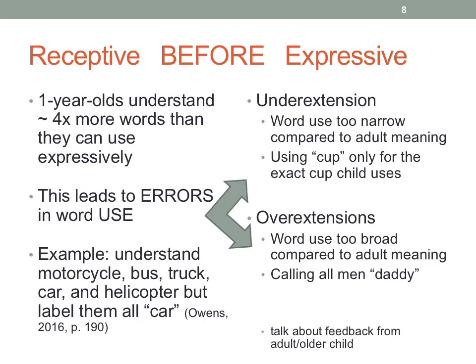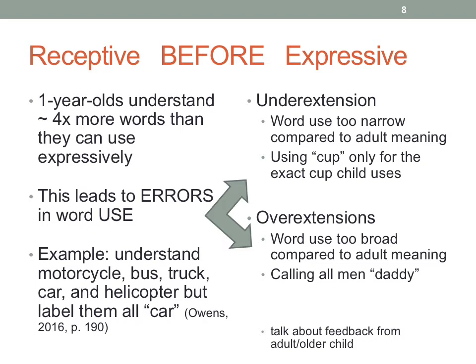Now, what this means is that as they're building that receptive knowledge and they begin to use words expressively, it leads to errors in their word use. I pulled this in again because I felt like you were not fully grasping the whole underextension and overextension concept.